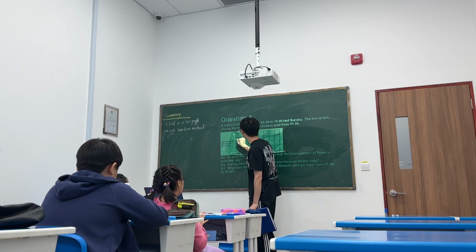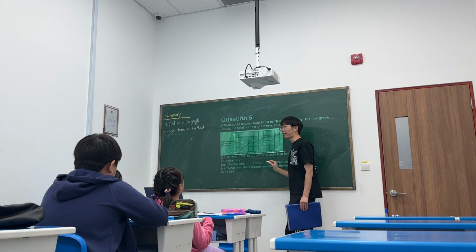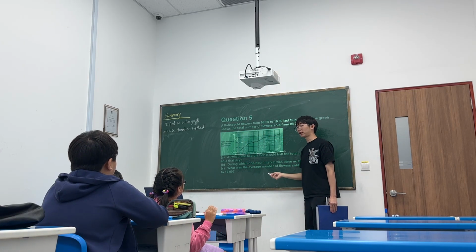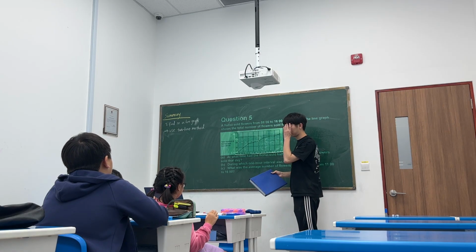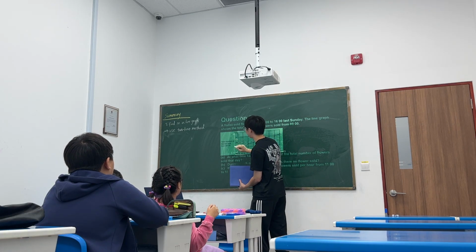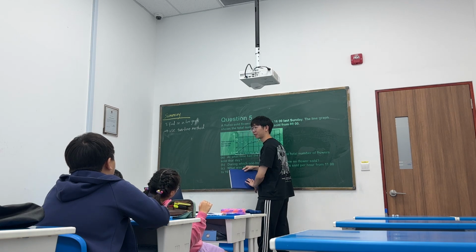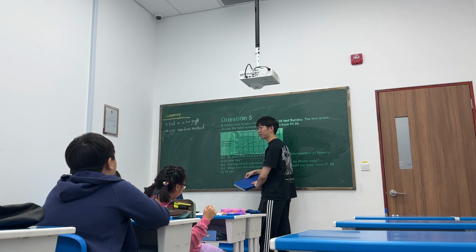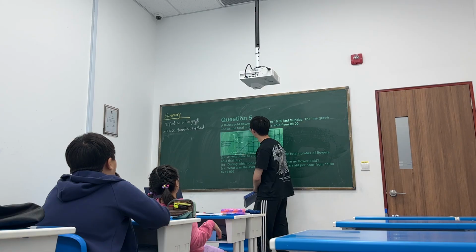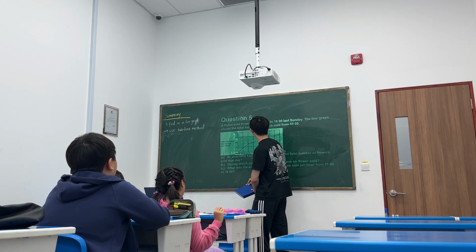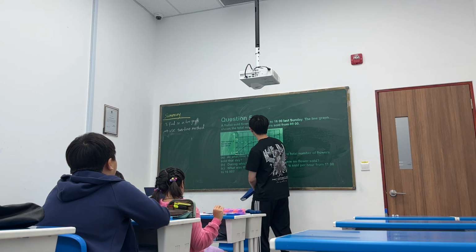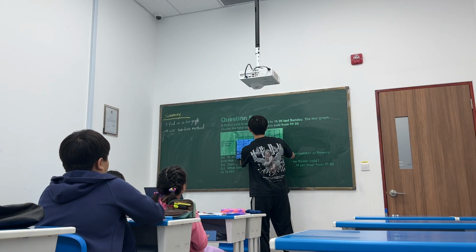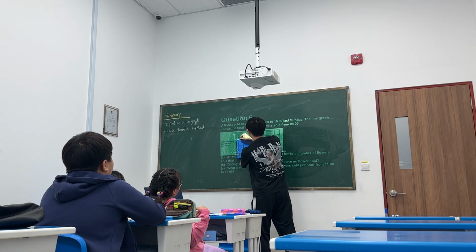Now here is 65. So when there are 65 flowers sold, how do I find out the time? Again, Bernice, after you know this is 65, what should we do next? Yeah, we draw a horizontal line until it meets the black dot.